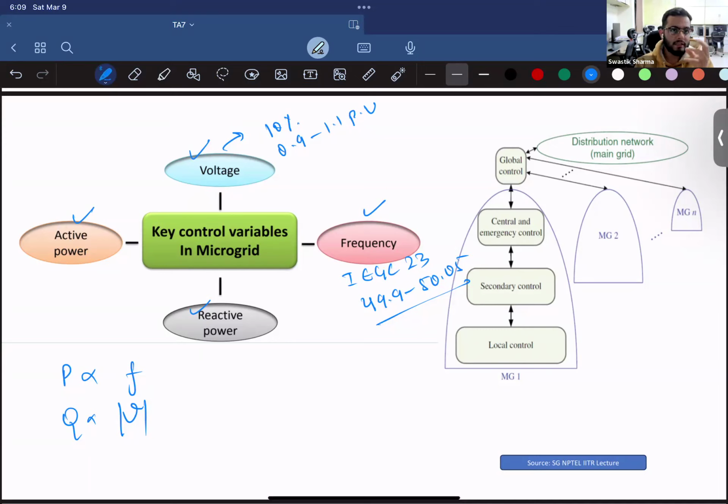How can a central entity, here the distribution network operator, called DNO or distribution system operator, affect or control our microgrids? Because at the end of the day, we want them to complement the function of our present day systems.